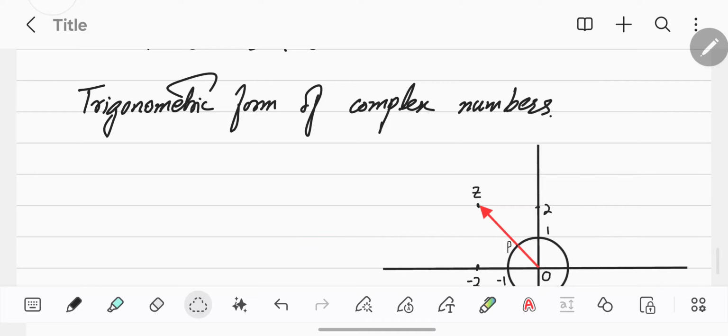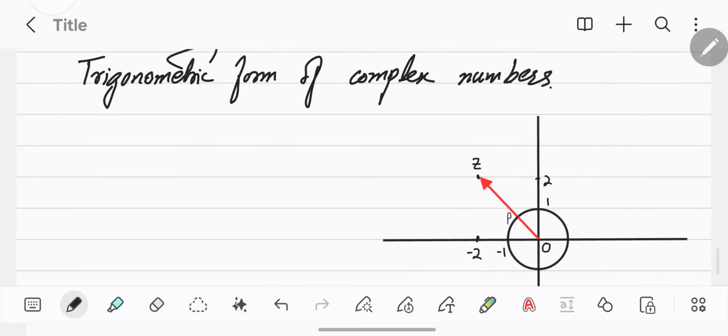First of all, suppose that you have a complex number z, and it has some position vector that is called OZ. Every complex number has a position vector that is obtained by joining the point z with the origin and drawing a vector. So this is the vector called the position vector.